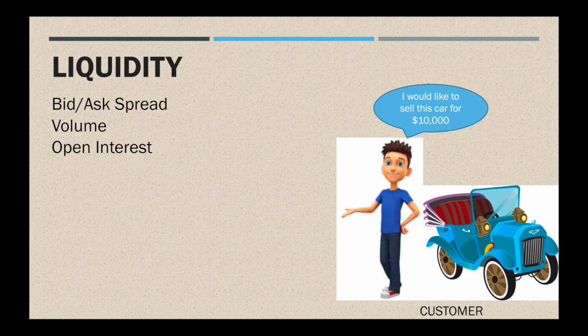The car dealer at this point will do many things to come up with a price that he wants to pay you. So you want to sell for $10,000. The car dealer will have to go to his database and check a couple of things.